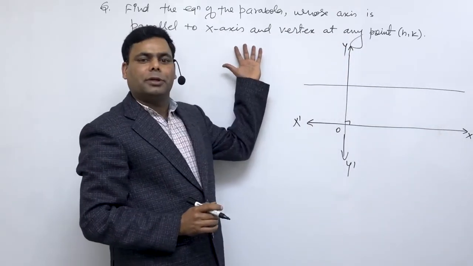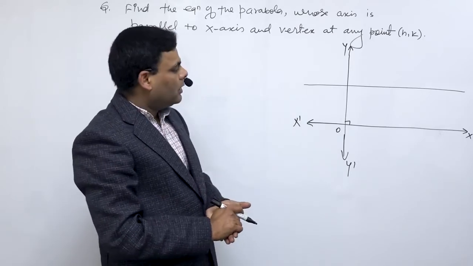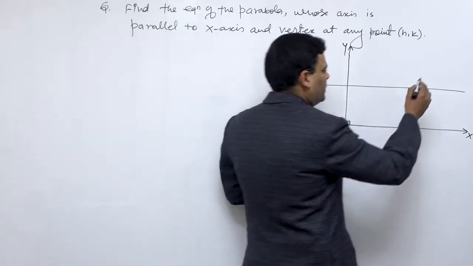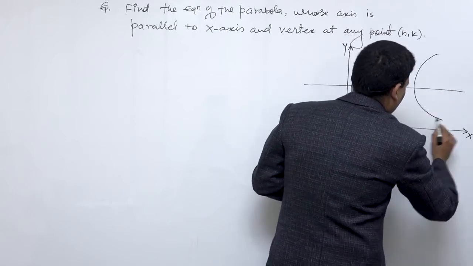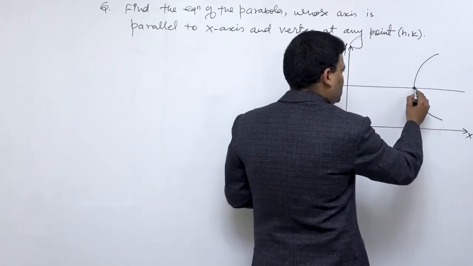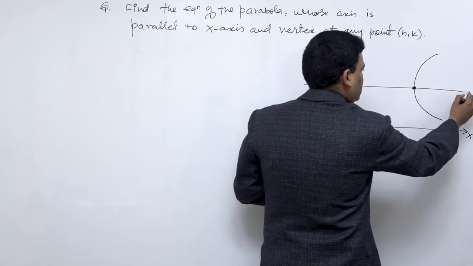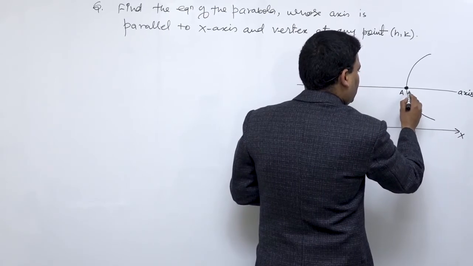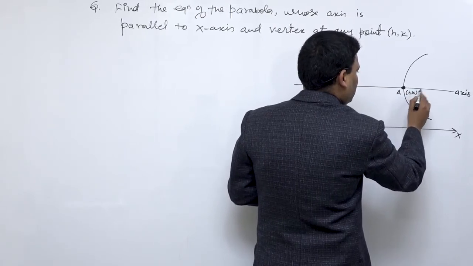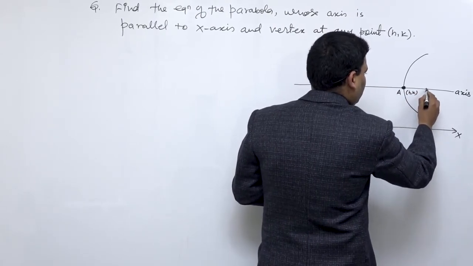Given that the axis of the required parabola is parallel to x-axis, we take a parabola; this is the axis of the parabola, and let A be the vertex having coordinates h comma k, and suppose that F be the focus.